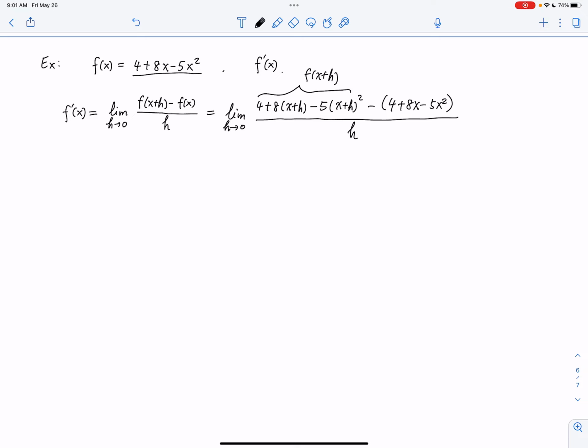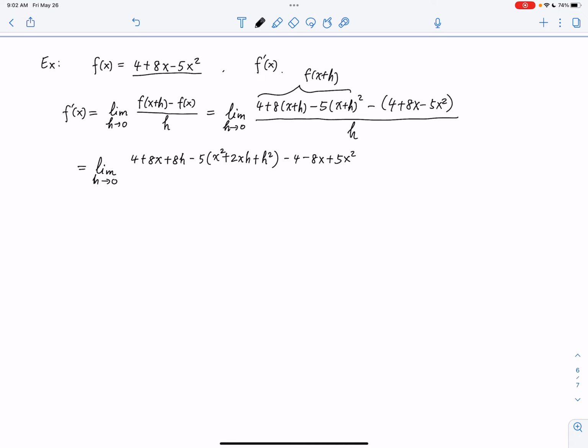Now, it seems complicated, but if you take the square and so on, you will see a lot of things can cancel. So just take the product: 4 plus 8x plus 8h minus 5 times (x squared plus 2xh plus h squared), minus 4 minus 8x plus 5x squared.